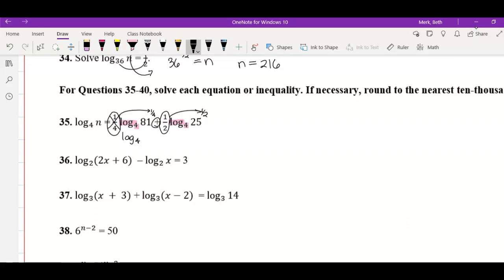I think I misspoke. 3 is the 4th root of 81. And the 25 to the 1/2 is just 5.